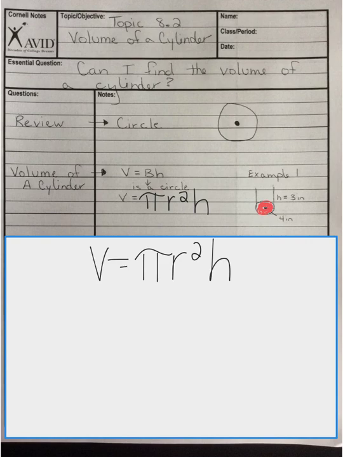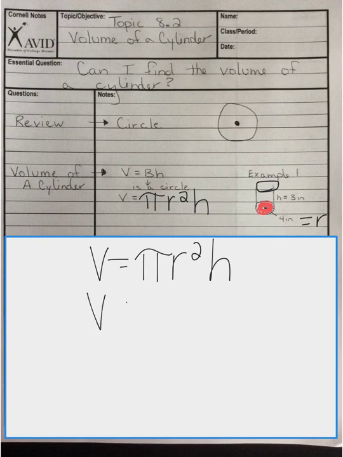So if we look at this formula, we look at this problem, we are literally plugging our numbers in. Here's my soda can over here, and I apologize for the drawing. It's telling you that this r is 4 inches, and my height is 3 inches. So we're going to plug these numbers into our formula, use a calculator, and we're done.